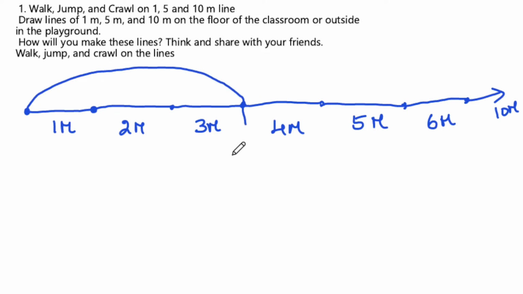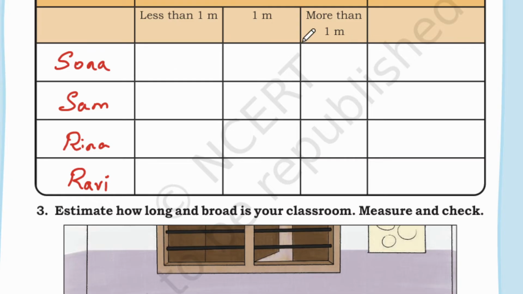It is 3.5 meters. So it is more than 1 meter. So we'll go here: more than 1 meter, 3.5 meters. This is the actual measurement as well, so you can write the actual measurement as 3.5 meters. But here you can write more than 1 meter. You can have a tick. Next we have Sam.